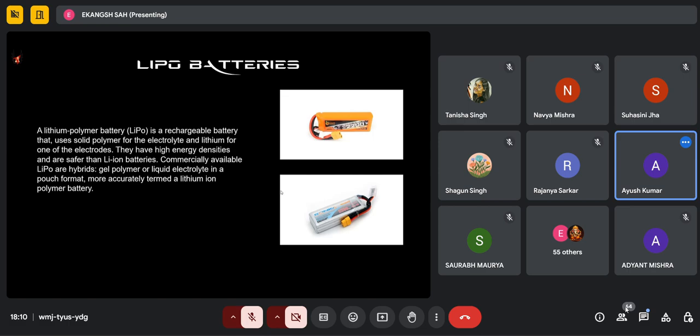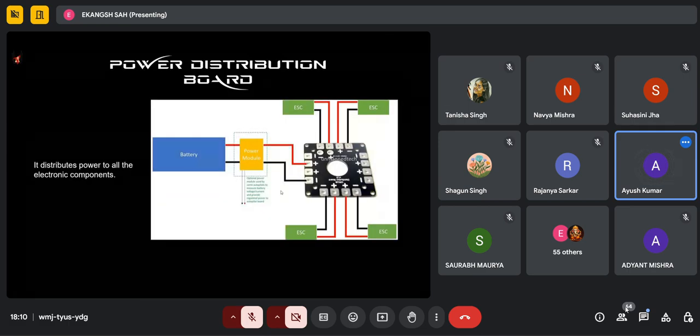Next slide. Now this is the power distribution board. After taking the power from the battery, this power needs to be distributed to all the components, which is done by the power distribution board with the help of the power module.